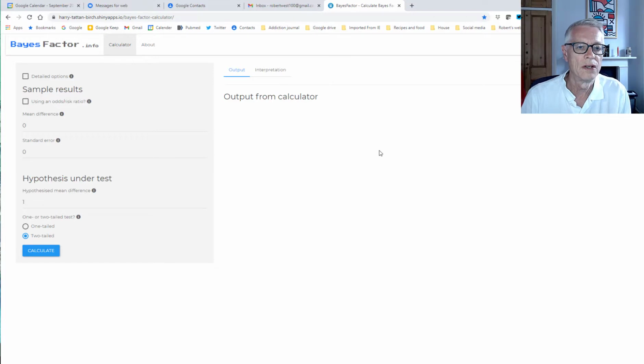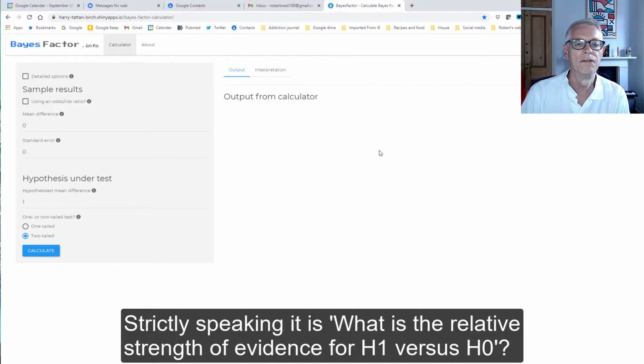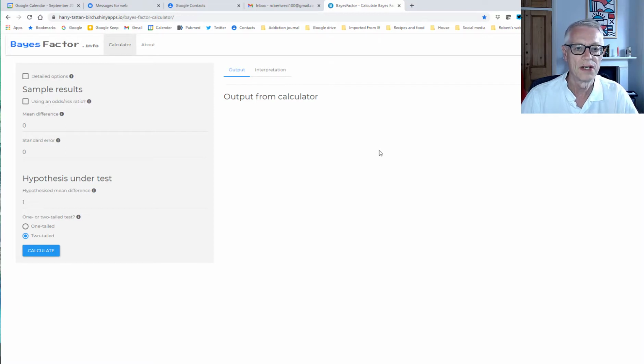So when you calculate a Bayes factor, what you're trying to do is to establish the relative likelihood of a particular hypothesis, let's call it H1, your experimental hypothesis, compared with another hypothesis, let's call it H0. And very often that H0 hypothesis is what we would call in classical statistics the null hypothesis.